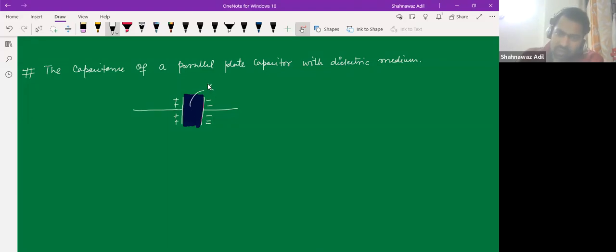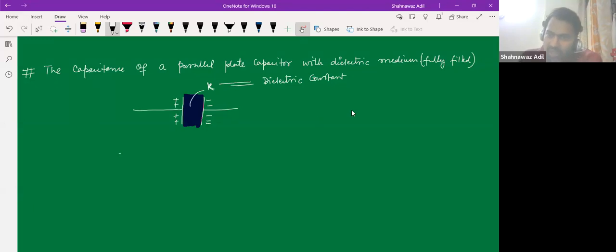Yes, sir, it is fully filled. So write in the bracket that it is fully filled. Okay, so this K is the dielectric constant.